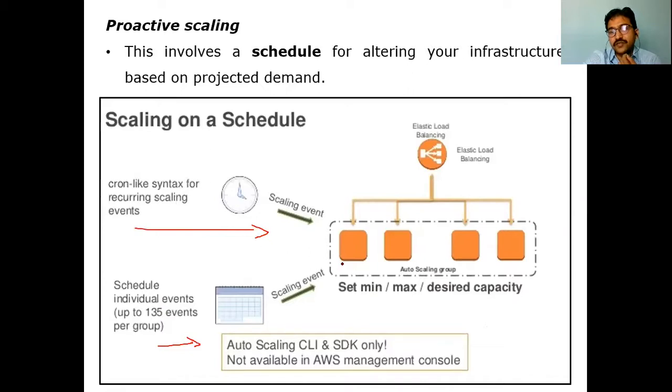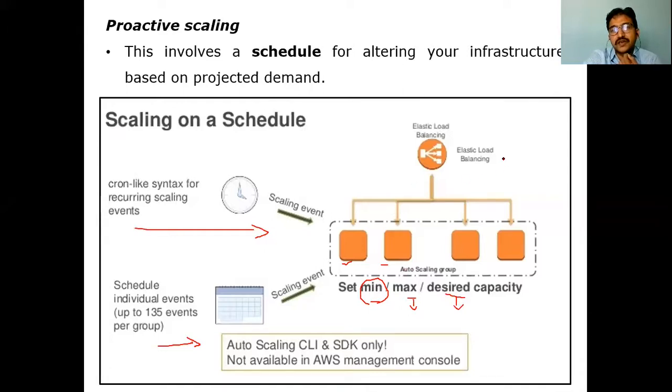Initially it is only one, then based on the timing we can set the minimum, maximum or desired capacity, meaning whichever is required, how much we require, that is enough for the desired capacity.